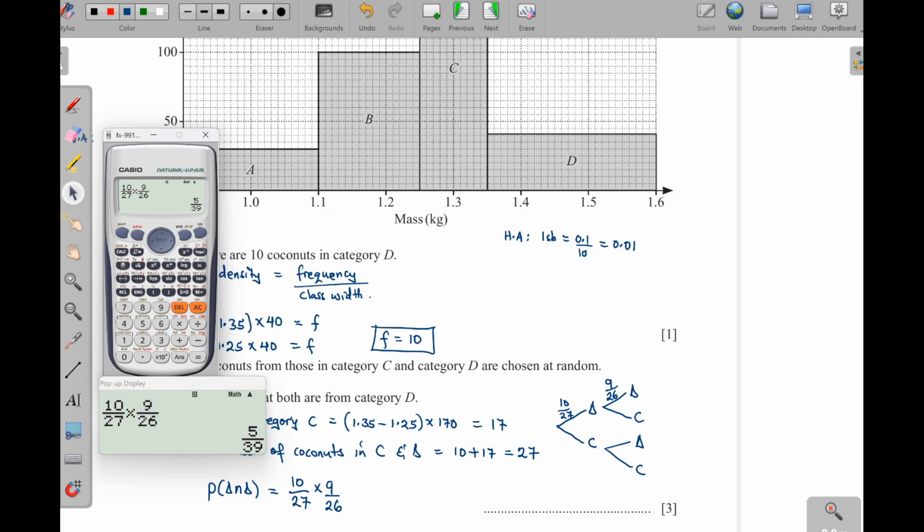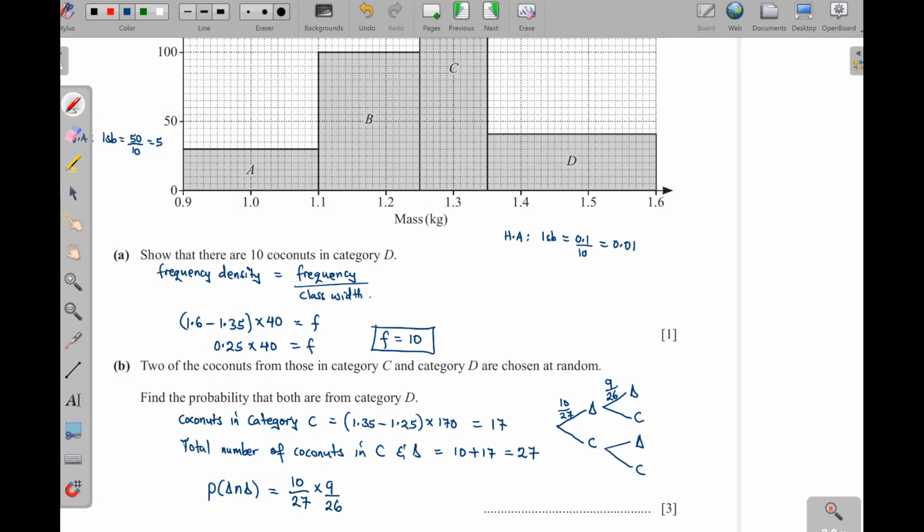This one gives us 5 over 39. 5 out of 39. So you can give this one in decimals, or you just multiply this and then you say 90 out of this times that, whatever. But this one is the simplified one. And it is always good to write the simplified answers.